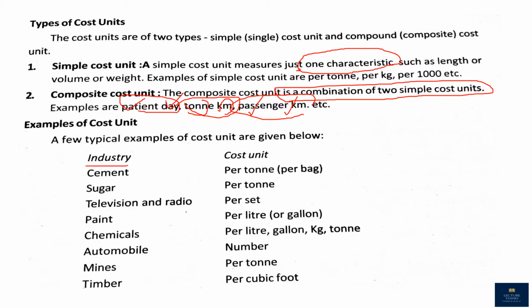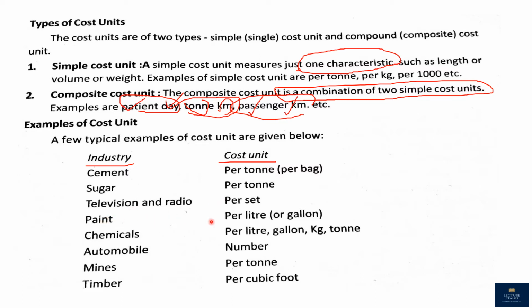Here the industry and here the cost unit. First one, cement. Cement we will measure in per ton or per bag, like 10 bags of cement, 10 tons of cement. Sugar, per ton, 5 tons of sugar, or bag. Television and radio we will measure per set, like 3 sets of radio, 4 sets of television.